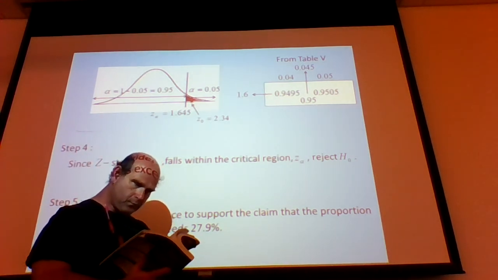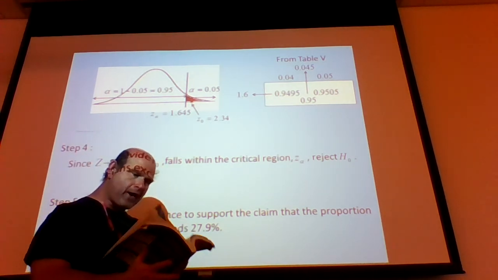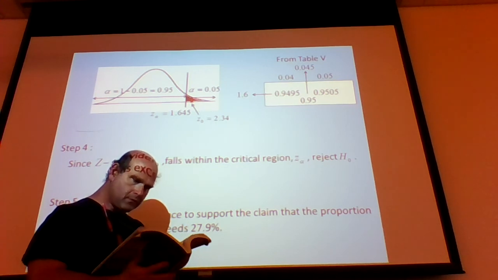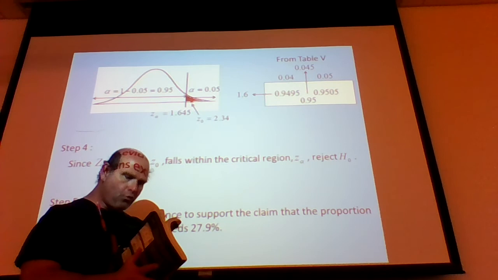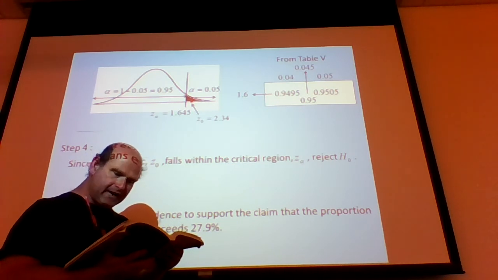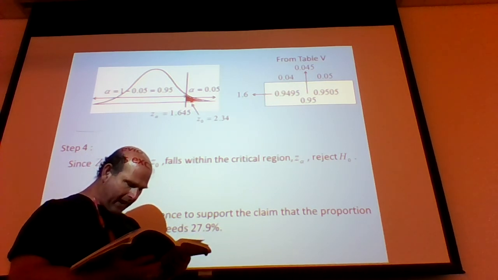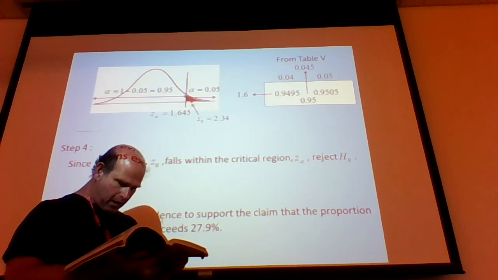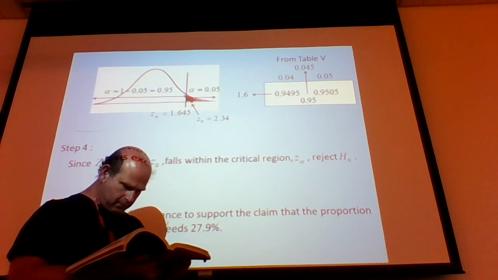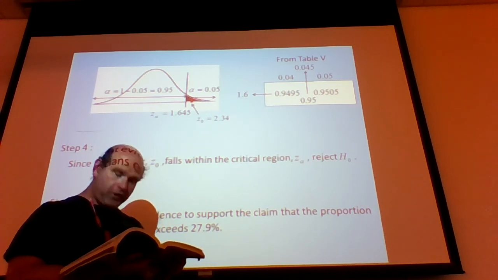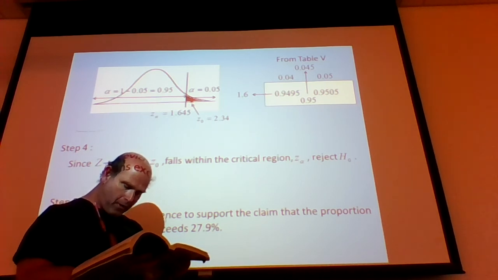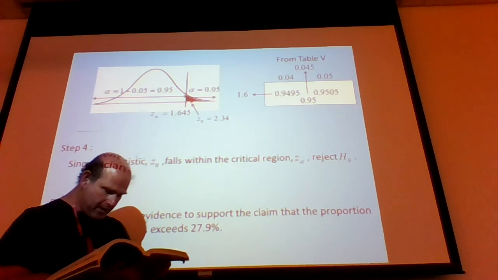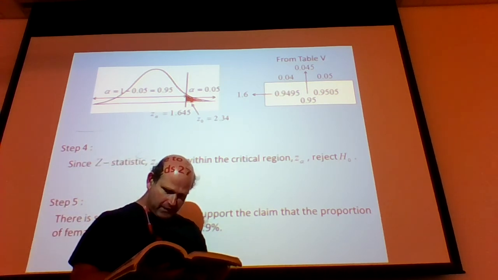So if you remember for 8.1, we had problems like this. The IQ of humans is approximately normally distributed with a mean of 100 and a standard deviation of 15.